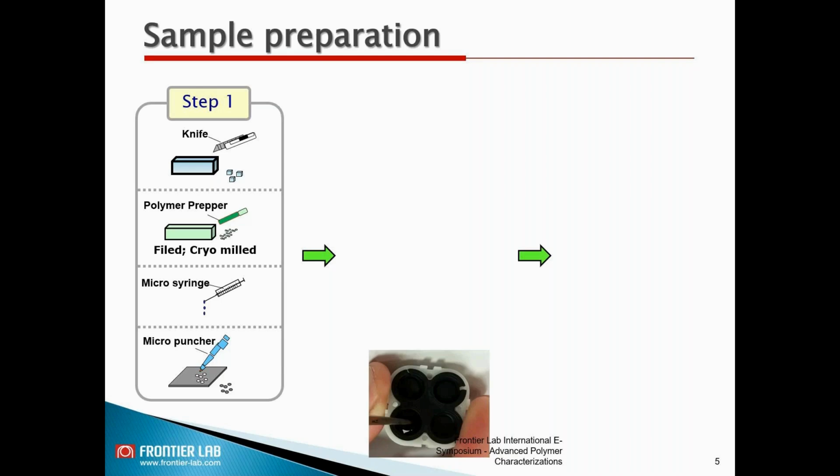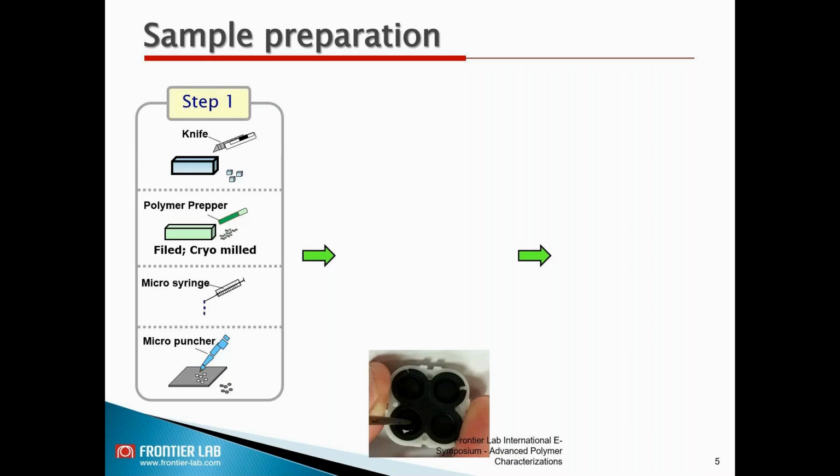Since this is a rubber or a kind of soft solid material, we usually use a knife to cut a desired amount of the sample and introduce it into the sample echo cup. And if it is a hard pellet, we take the prepper. These are all tools available in the sampling toolkit of Frontier. So we grind using this polymer prepper, and then we take the sample.